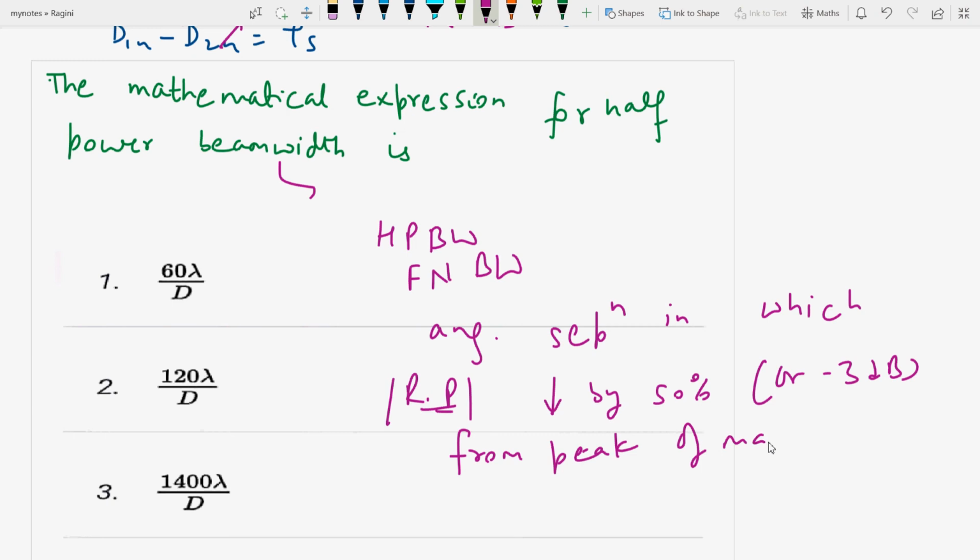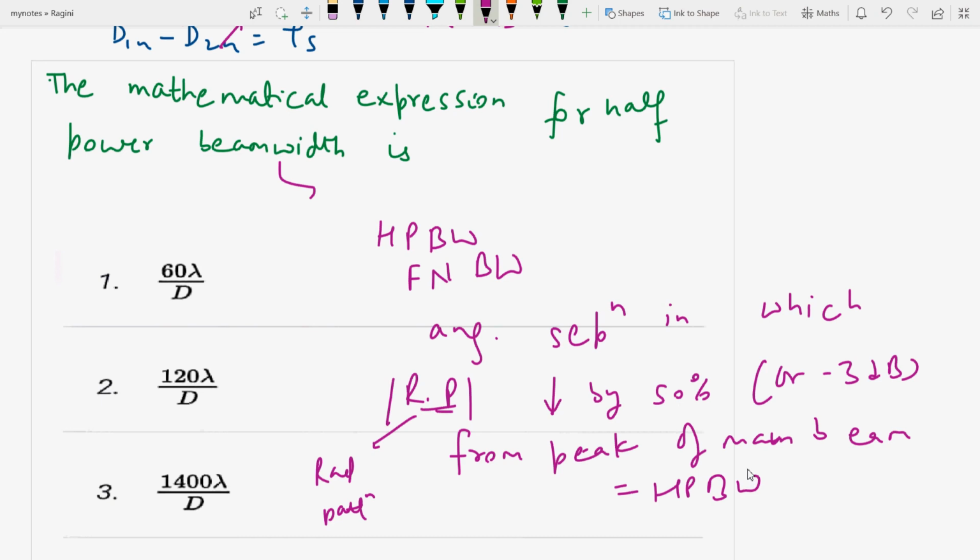RP is what? Radiation pattern. So the angular separation in which the radiation pattern reduces by 50% or minus 3 dB from the peak of the main beam is the half power beam width.